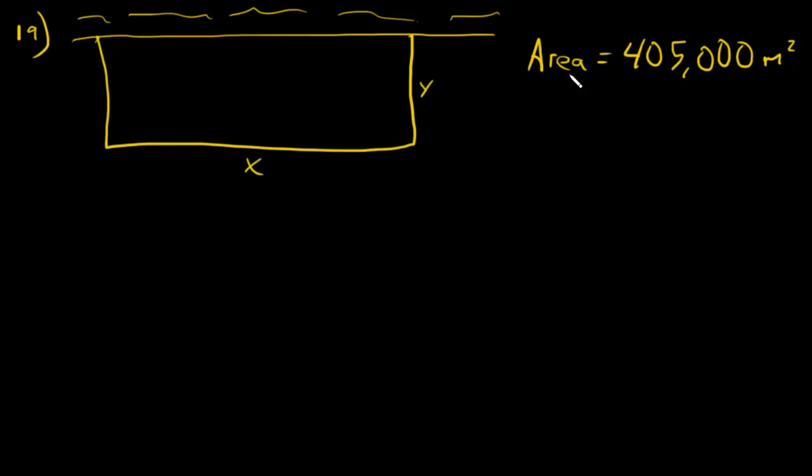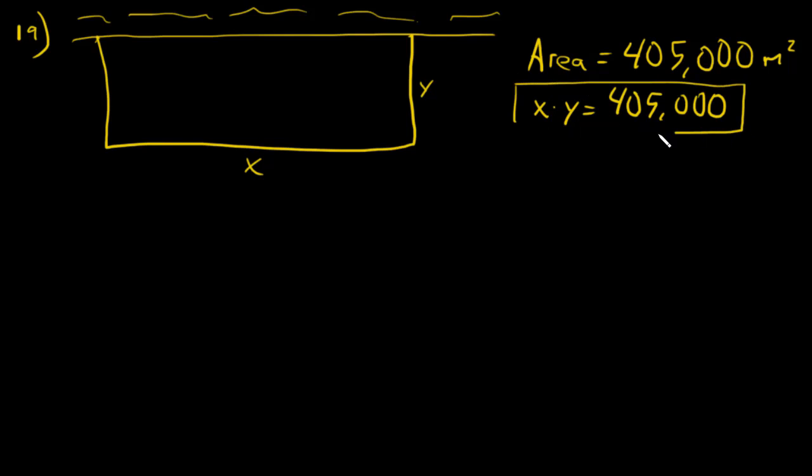And so how do we represent area in terms of this drawing? Well, that's just X times Y, right? So X times Y is equal to 405,000. And that is our constraint. We are constrained by that.